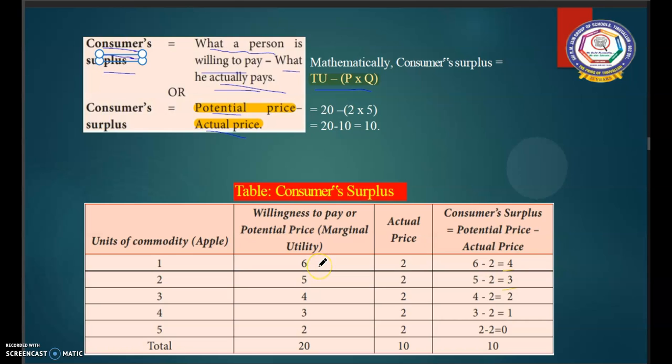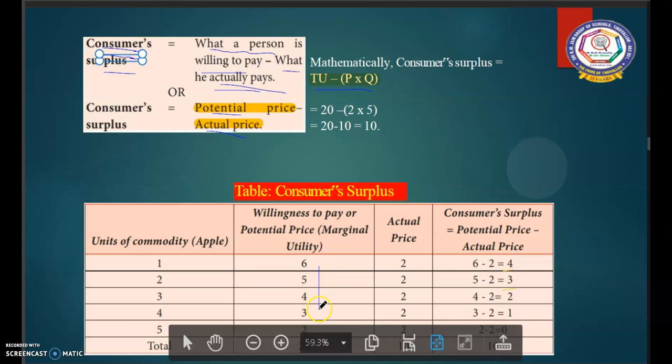Now in this table, the consumer is willing to pay 6, 5, 4, 3, 2 for purchasing the successive units of apple, here 1, 2, 3, 4, 5.